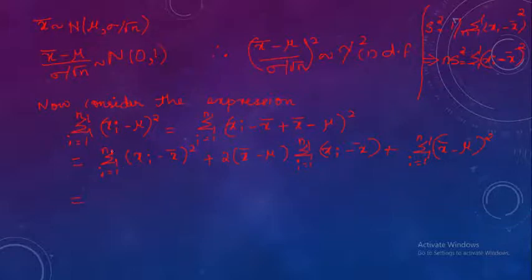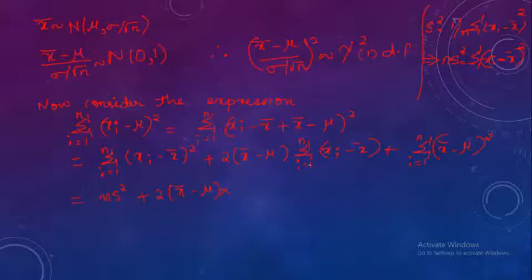Okay, so what can I write over here? Yeah, you can write n s square, then plus this term 2 into x bar minus mu multiplied by this particular term.